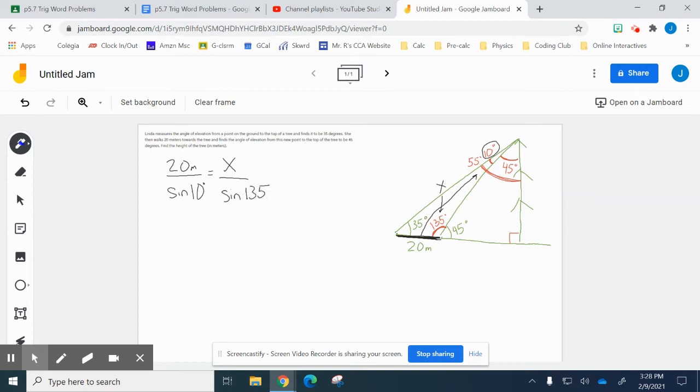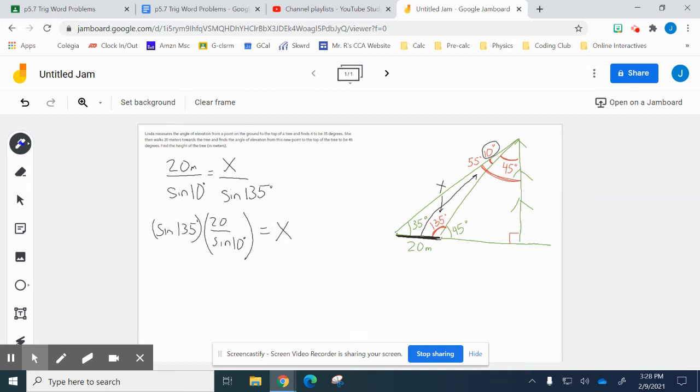So then we'll multiply both sides by the sine of 135, and we'll get sine of 135 times 20 over the sine of 10 degrees. We should keep that degree symbol in there, because we're starting to work in radians now too, so we've got to be careful.